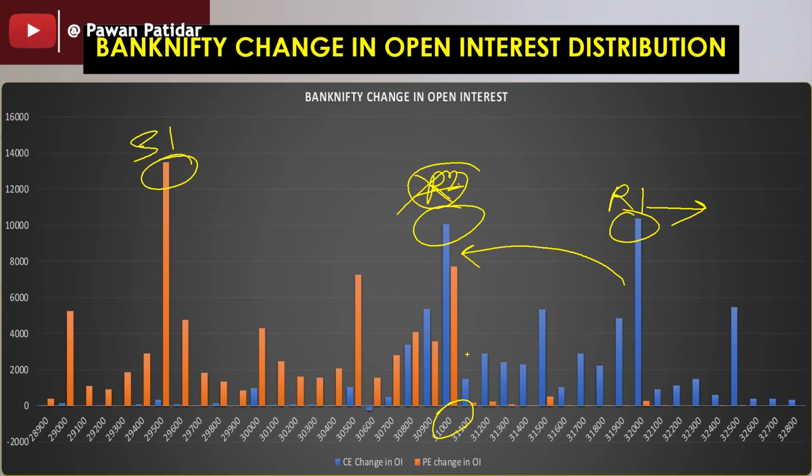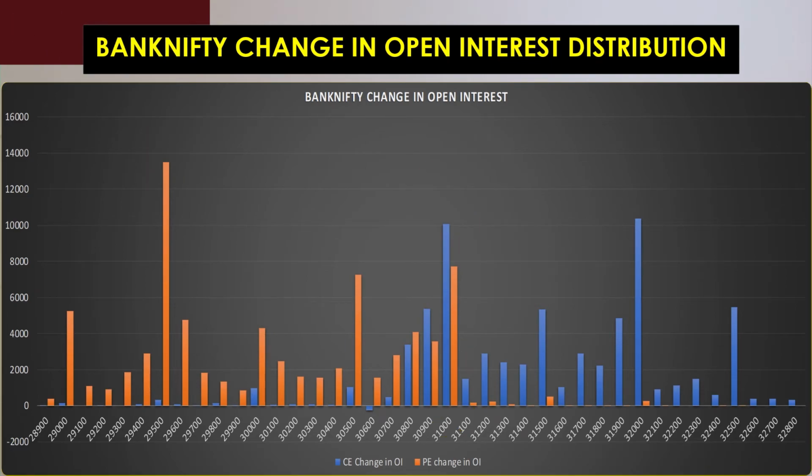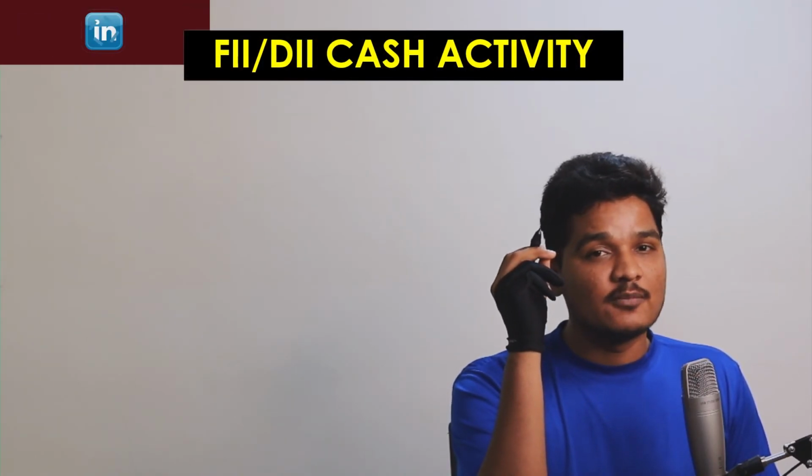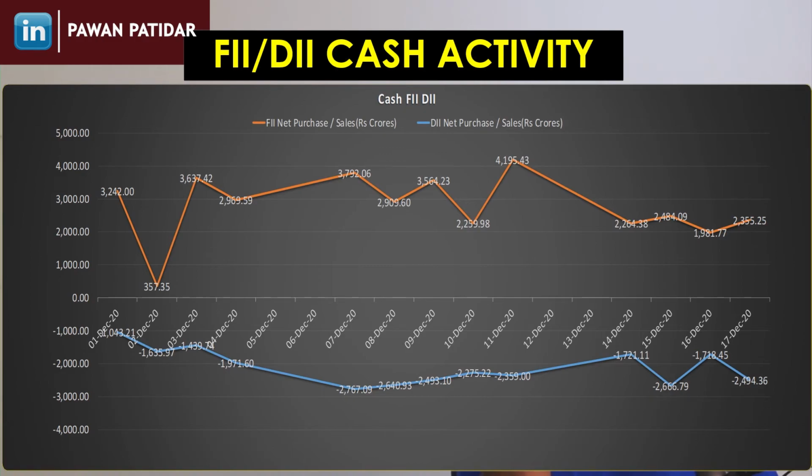That's what it indicates. Now let's go further and do the cash activity analysis of FIIs and DIIs, and we'll find out what they are thinking about the market. If you see the FII and DII analysis, DIIs are continuously selling. From November onwards, DIIs are selling. I'm continuously analyzing their data. So DIIs today also were selling and FIIs were buying.